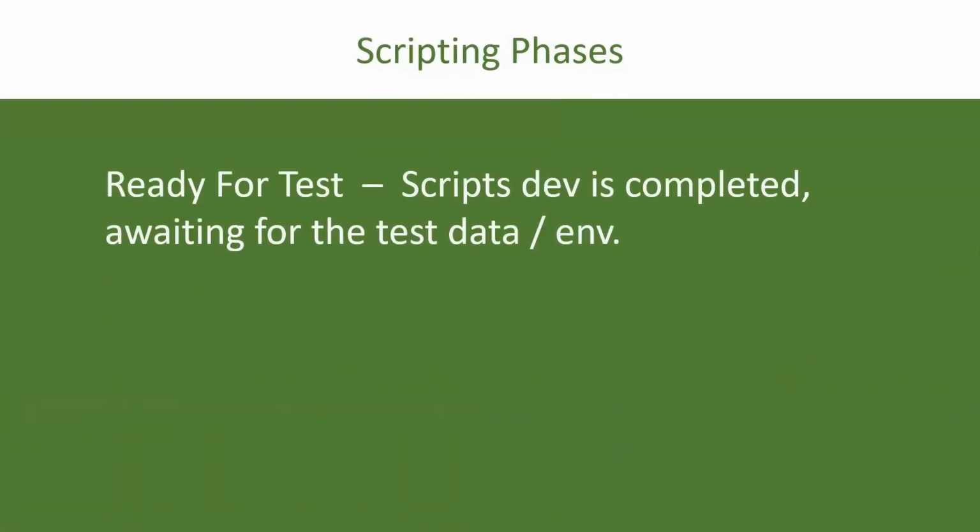Then there is a third phase, which is the ready for test phase. In this phase, the script has been developed and all the enhancements are completed, but due to certain reasons we are still waiting for test data or the test environment.